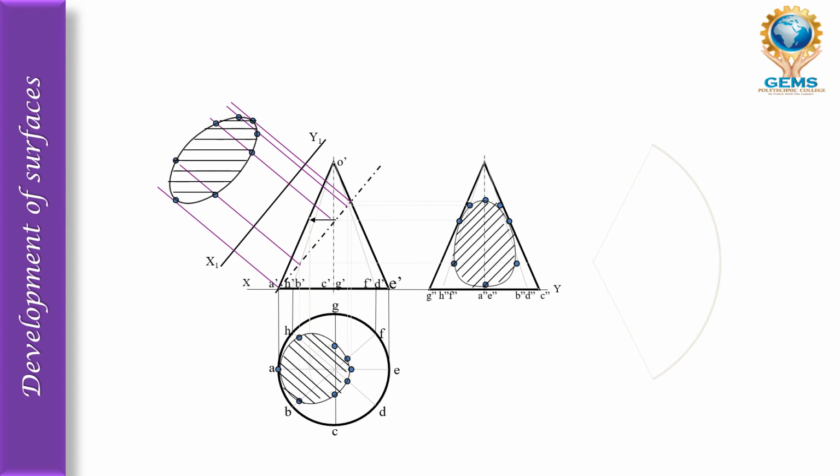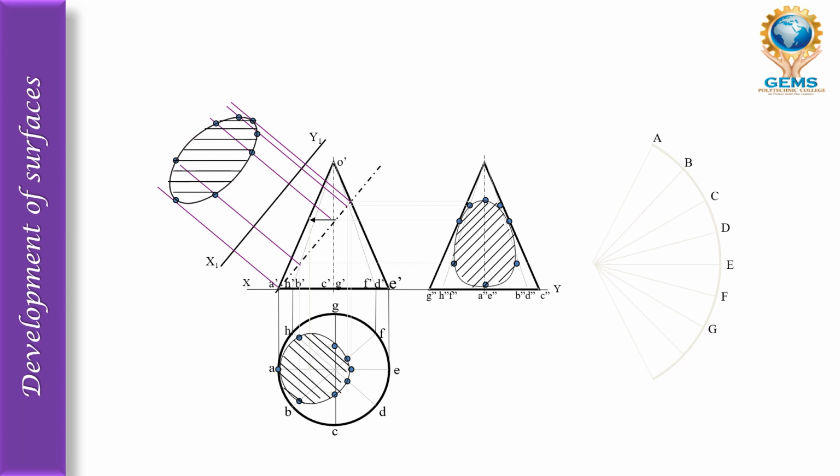Now if I unfold or unroll it, since it is a cone, we can use the word unroll. If I unroll it, you can see the diagram here at the right side of the sheet: A, B, C, D, E, F, G, H, and again A. Now just find out the length, in what length the point has been kept.